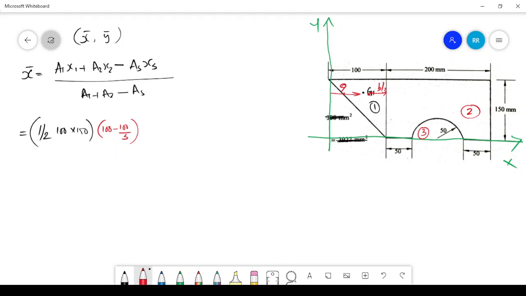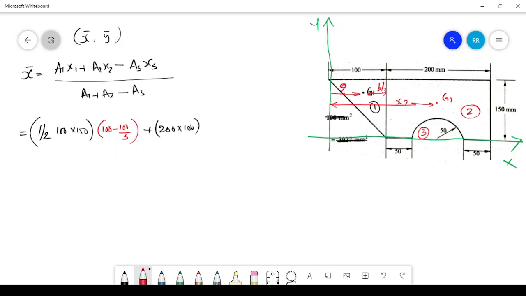And in the case of the second area, a2, the second area is a rectangle, so the area will be 200 into 100, into x2. X2 will be the centroid distance, g2. G2 is the centroid of that whole rectangle. So x2 will be this distance.